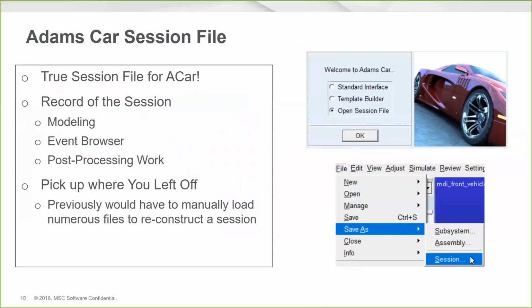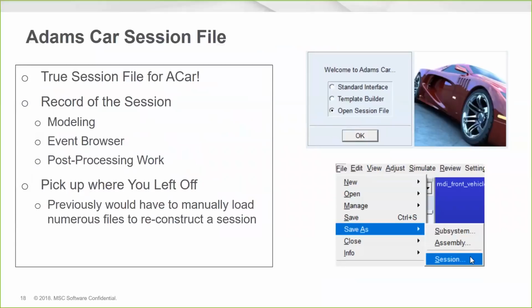Adams Car also has a new file called the session file. This is a true session file for Adams Car, akin to what you might consider the Adams View binary file, the bin file. It's a true record of the session with modeling state, event browser state, and the post-processing work.